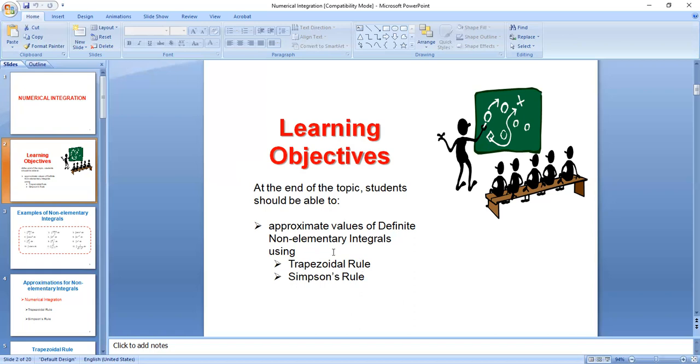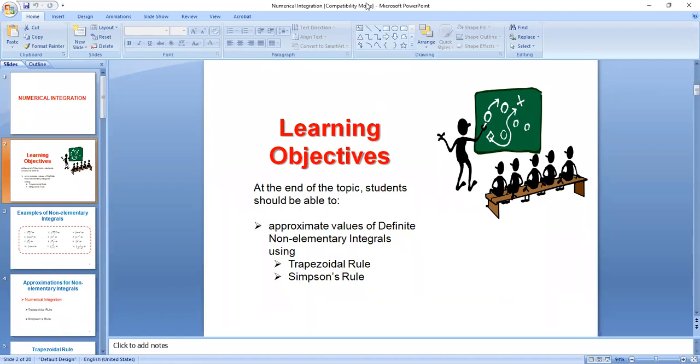So then what are the tools that we can use to find the value of such integrals? We have here the Trapezoidal Rule and Simpson's Rule. These are the two alternatives that we can use in finding the value of these non-elementary definite integrals.